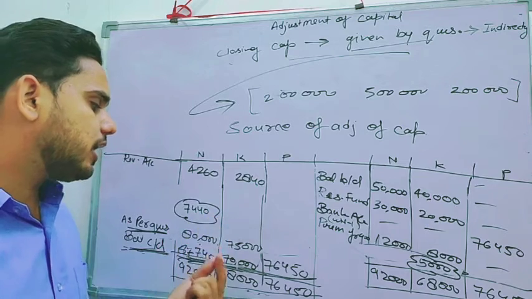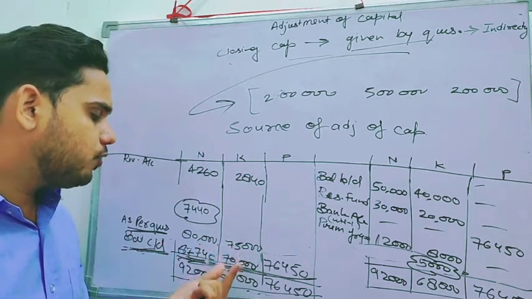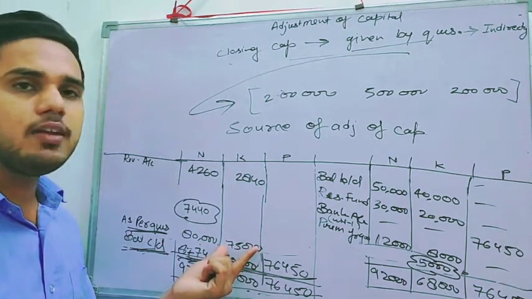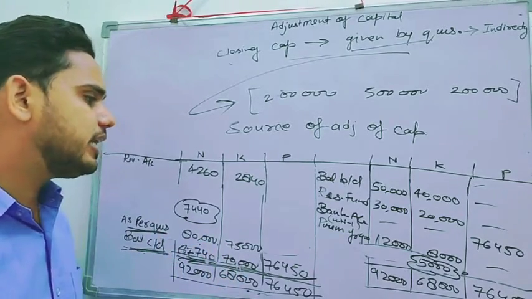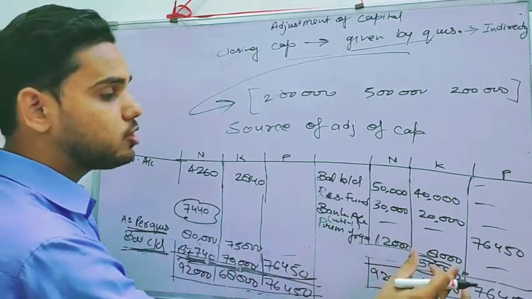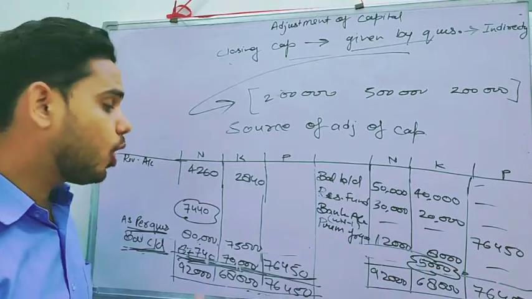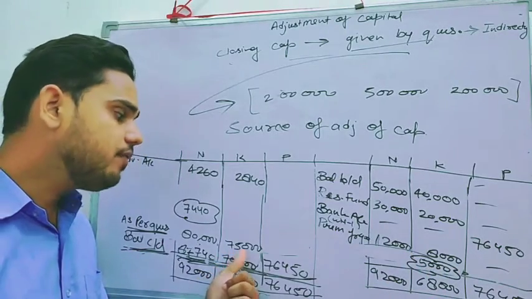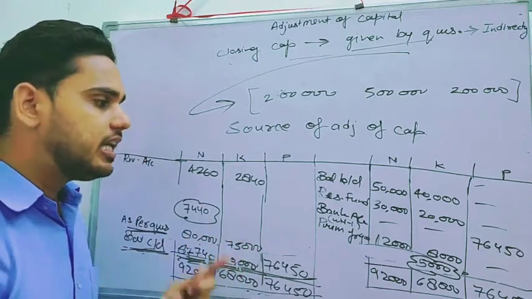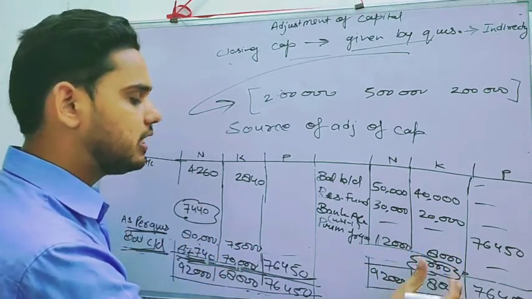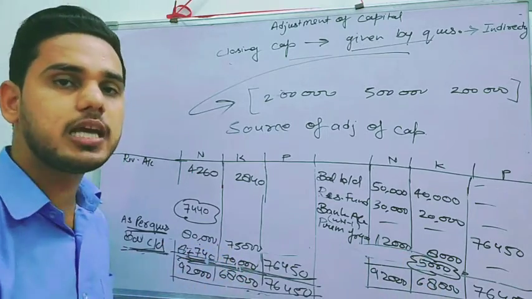For K we have to write 75,000, but the balancing figure is 70,000. So we can say that there is a difference of 5,000, because we have written 5,000 more on the debit side. That's why we have to write 5,000 here to make both sides equal.